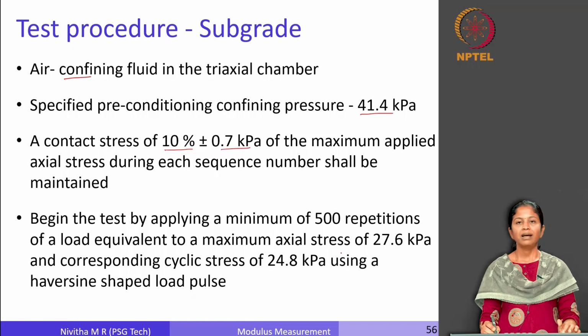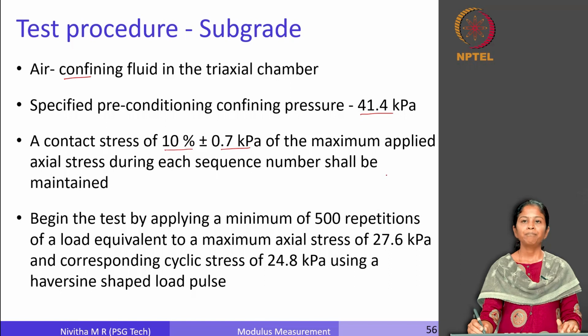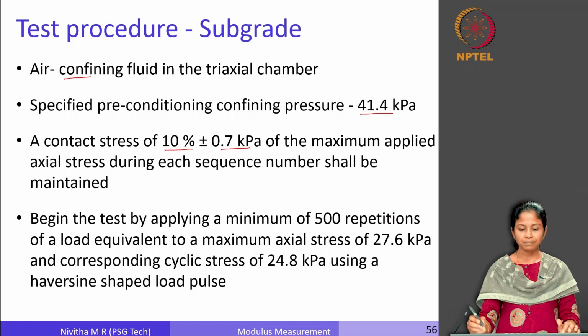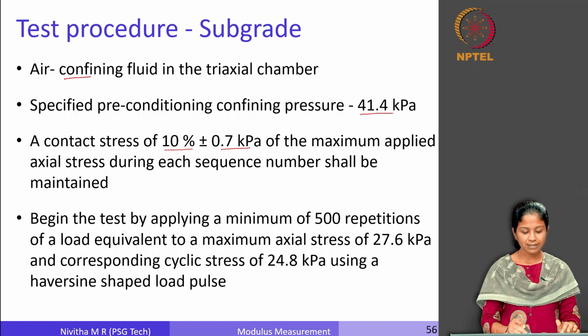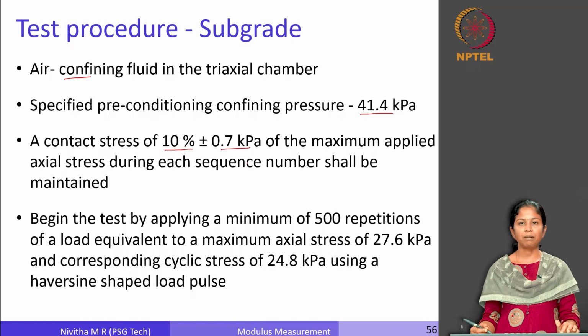We said always the contact stress is 0.1 times the maximum stress. So, we have this contact stress which is 10% of maximum applied stress during each sequence. We have different sequence numbers, I will show you.